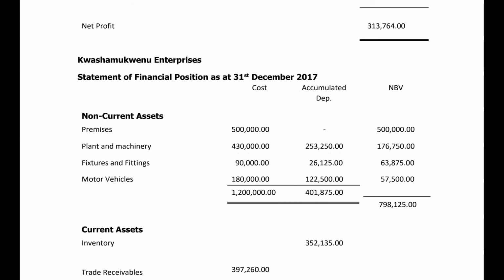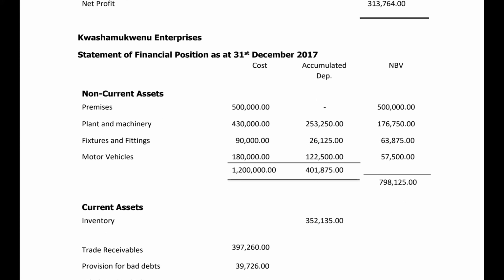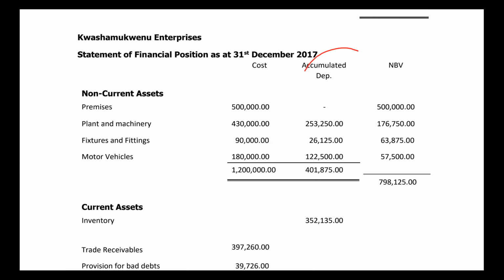Okay, it's fine. We go to the balance sheet, which is same as the statement of financial position. With the balance sheet, we start with the non-current assets, which are fixed assets. For fixed assets, from the cost, you should remove accumulated depreciation. Now I want to comment on accumulated depreciation.